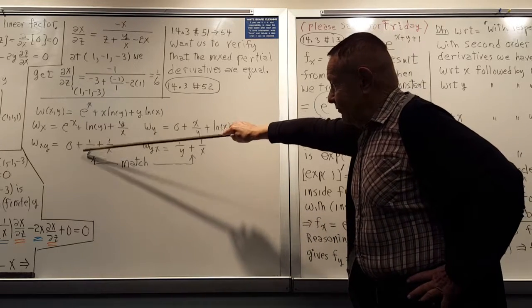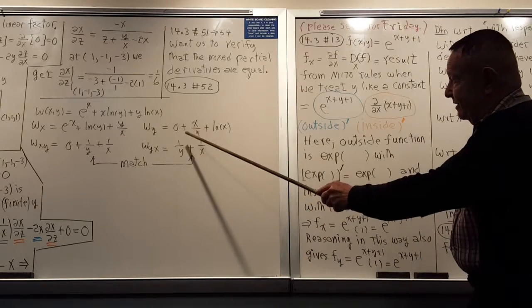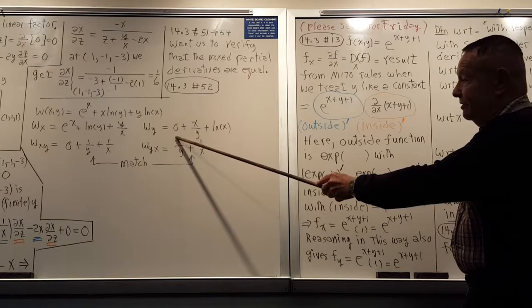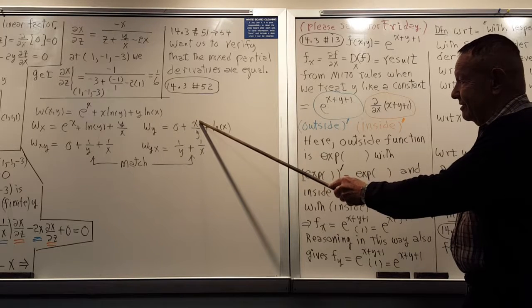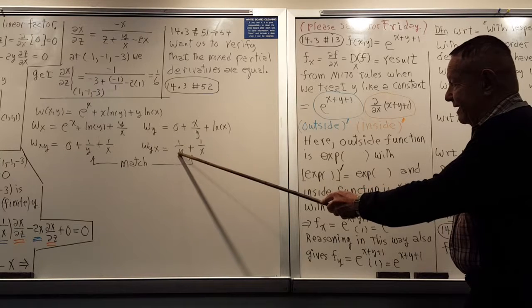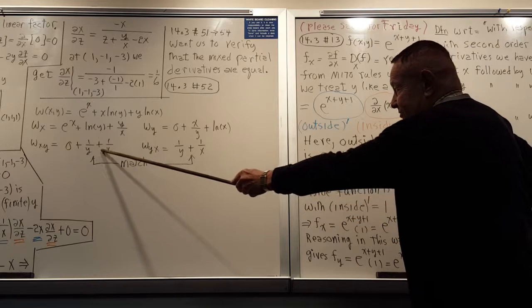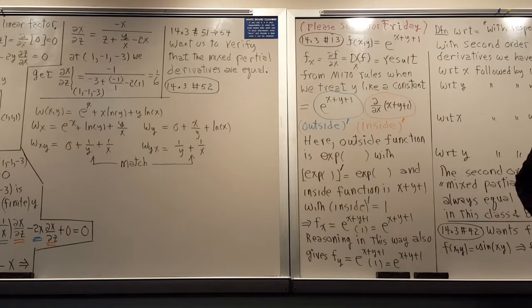So you get 1 over y plus 1 over x. If you come to this and do its derivative using x as your variable, you get 1 over y out of that one and 1 over x out of that. And then you see those match, which is what they wanted you to demonstrate.